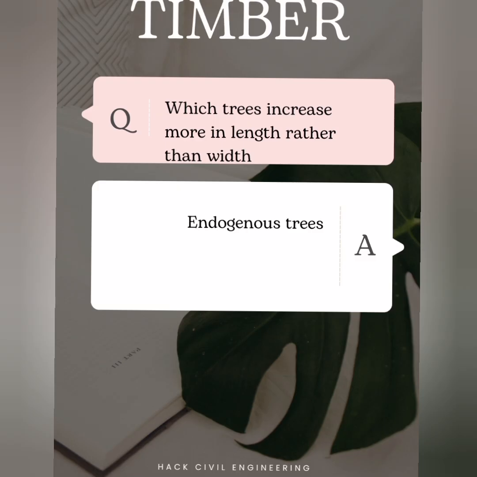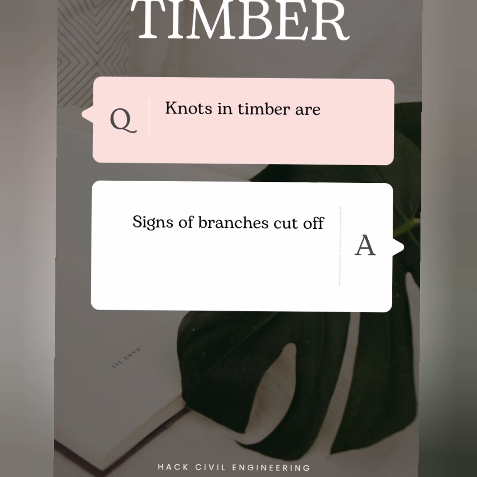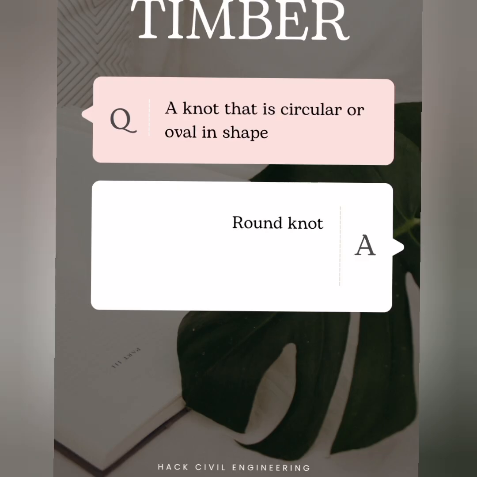Which trees increase more in length rather than width? Endogenous trees. Knots in timber are signs of branches cut off. A knot that is circular or oval in shape is a round knot.